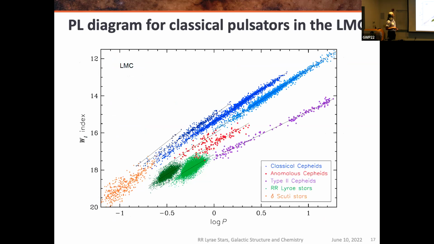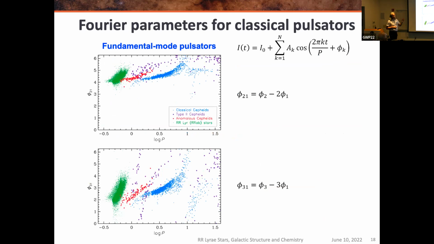We used our huge catalog of classical Cepheids in the Magellanic Clouds, in particular in the Large Magellanic Cloud. Here it is easier to classify stars because we have the different period-luminosity relations. Here are the anomalous Cepheids, and we use the parameters of the Fourier decomposition of the light curves.